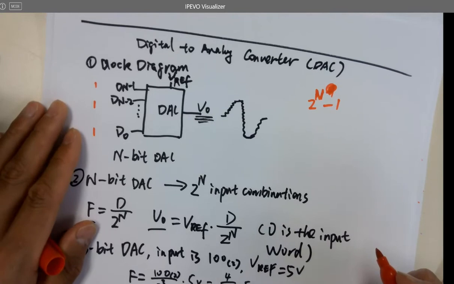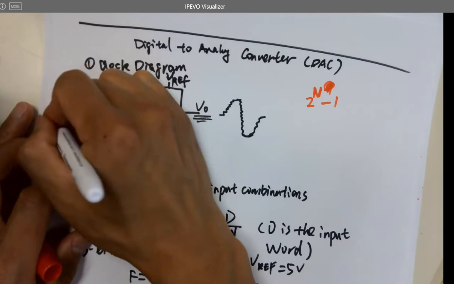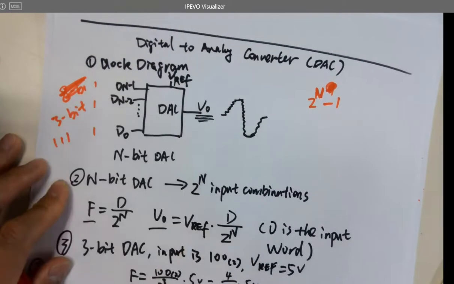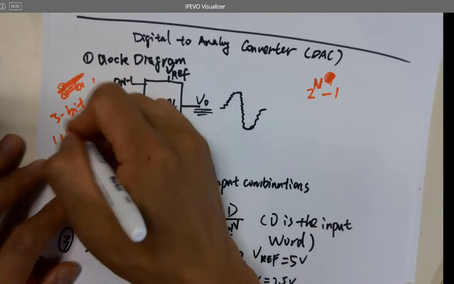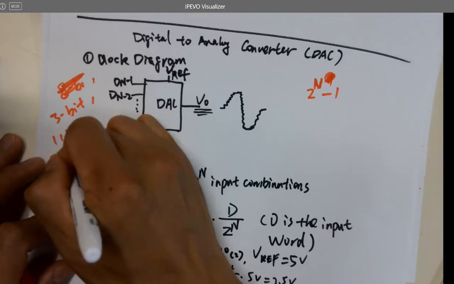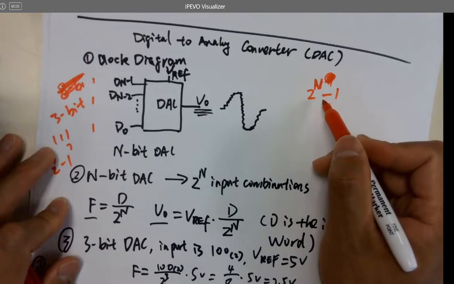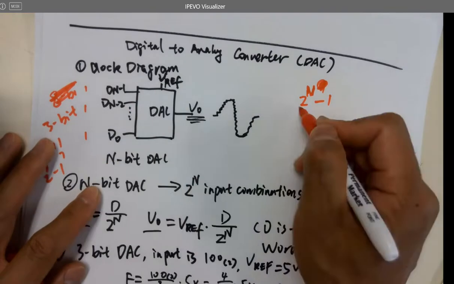So for example, let's do 3 bits. What's the largest number you can get? 111. 111 is 7, right? So it's going to be 2 to the third minus 1. That's the largest number you can get at the input, over what?